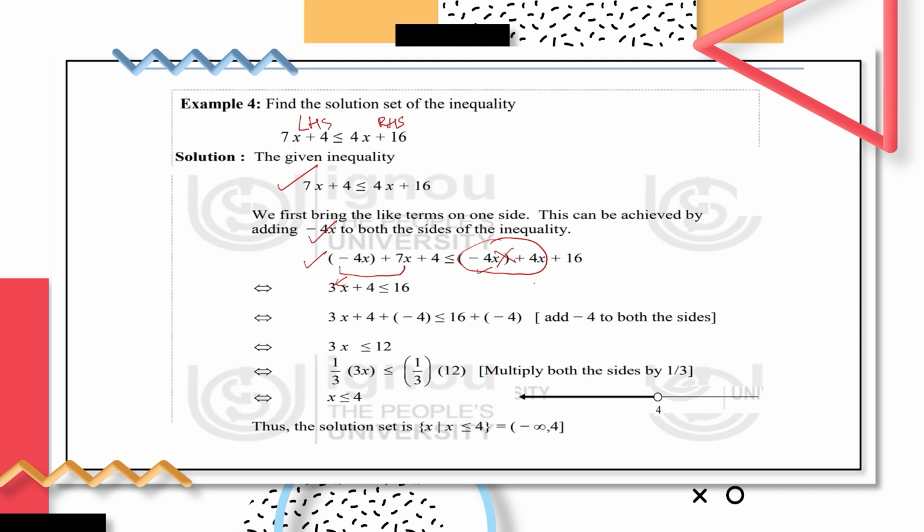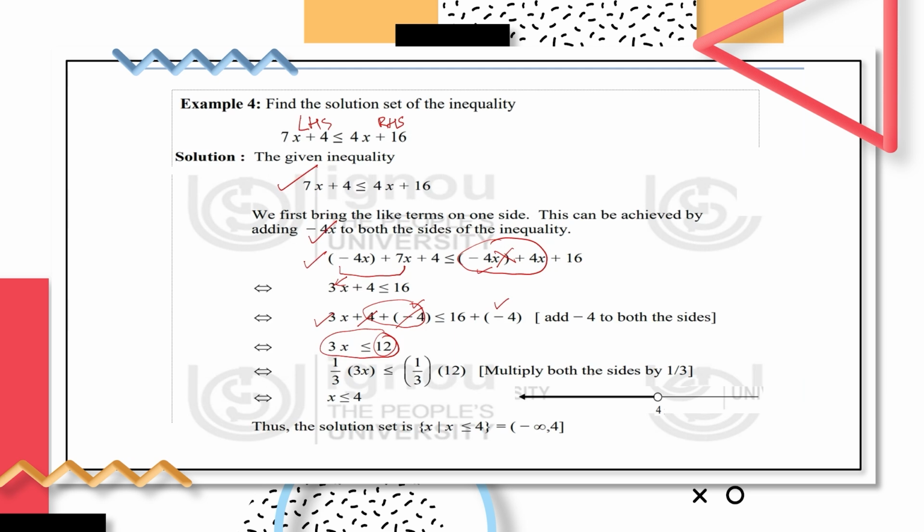Now again we are adding a negative number, just to have the variable x on the left hand side. Adding minus 4 on the left hand side, the 4 cancels out, and on the right hand side 16 minus 4 is 12. So the new inequality is 3x less than or equal to 12.